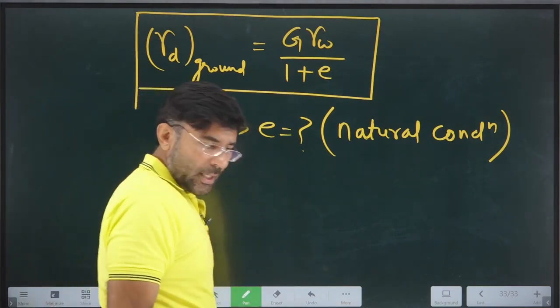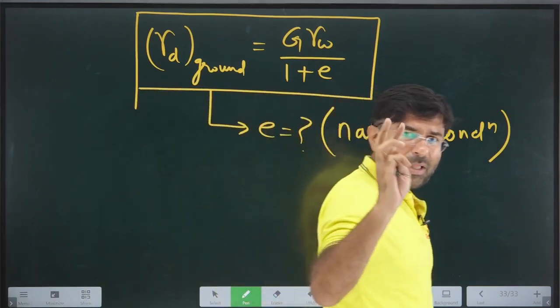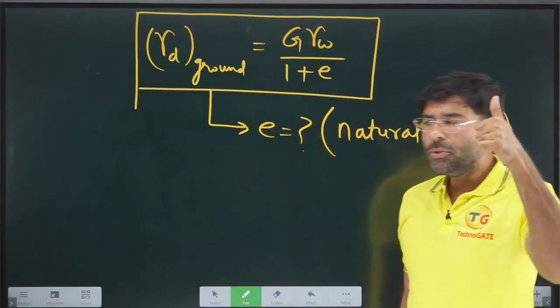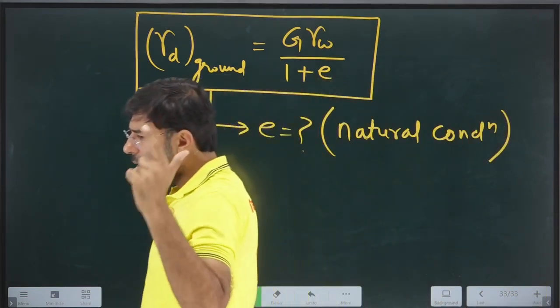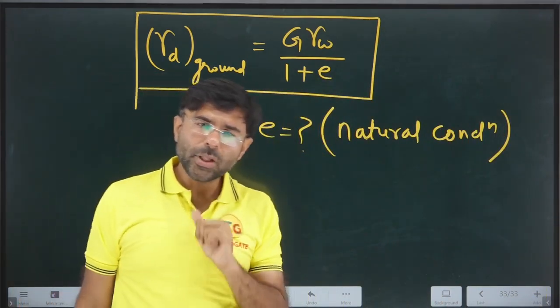For the same soil, I am having 3 void ratios. The void ratio under the natural state, void ratio under the densest state, void ratio under the loosest state.